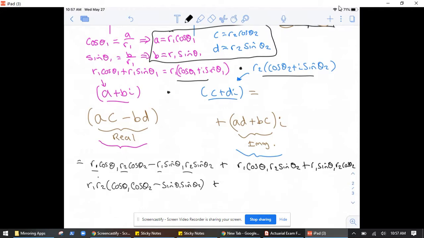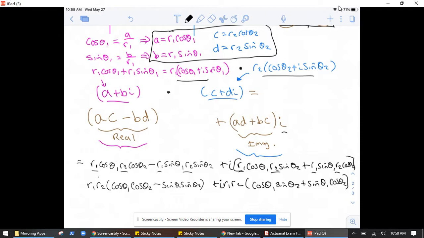Again, an R1, R2. Oh, and we might as well glue the I. I'm going to put the I in the front here. So I can take out an R1, R2, because that's present in both expressions. R1, R2, we'll put the I right there, and what's left is cosine of theta 1, sine of theta 2, plus sine of theta 1, cosine of theta 2.